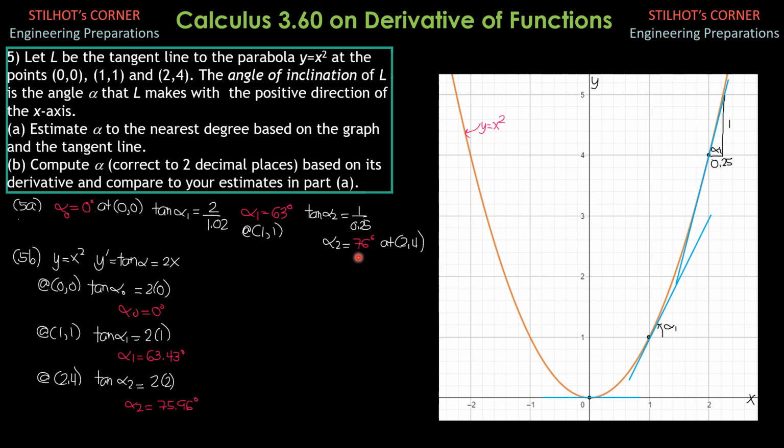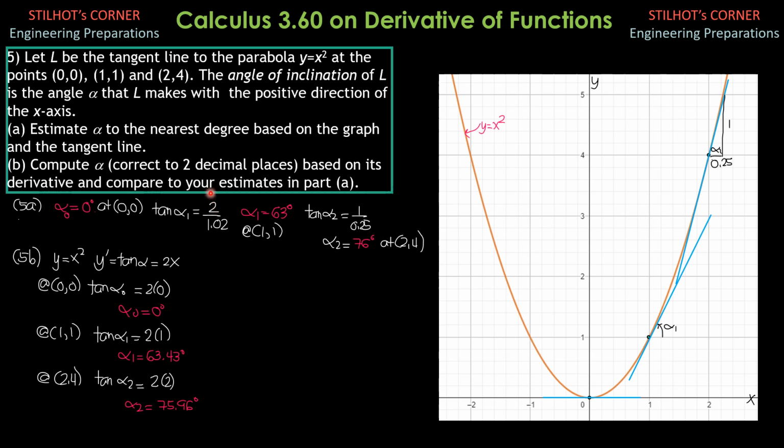To the nearest degree, alpha 2 is 76 degrees at (2, 4). Then you may use a protractor if you have one available, but the accuracy of the estimate of alphas will depend on the tangent you draw at these 2 points here.